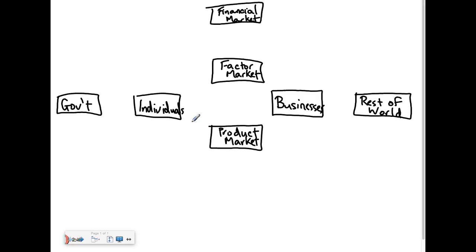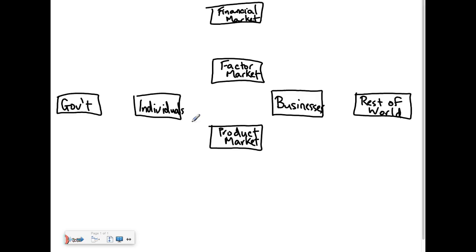So we're going to start with individuals. If you remember from the simple circular flow, and I'm going to change the color of my pen here, so I'm going to make this, let's say, orange. Okay, so we're going to talk about individuals.